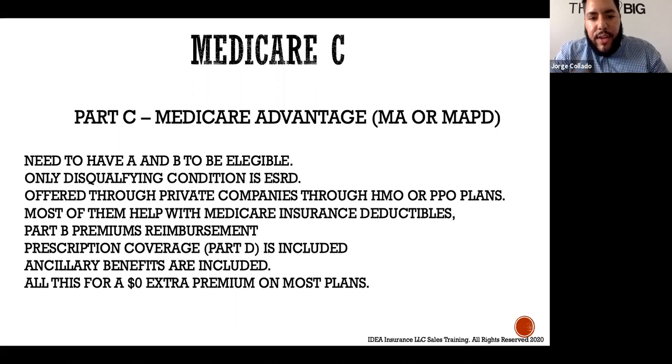All these extras are included, which are not covered under original Medicare. So it's a very nice benefit package that we can offer them. And of course, we can compare all these benefits versus what they get with original Medicare to make them understand that this is a no-brainer. All this, like I said, is for a zero extra premium on most plans.